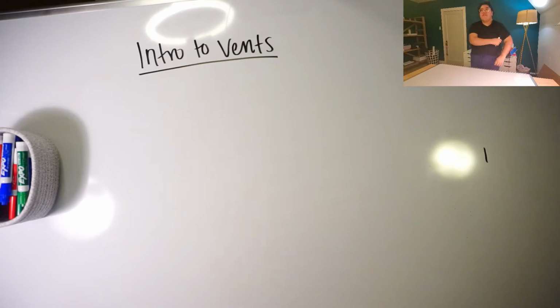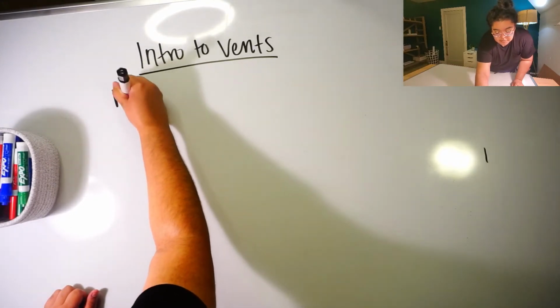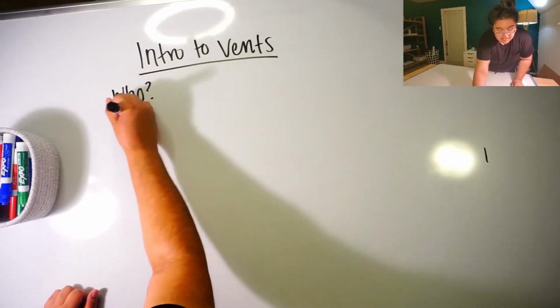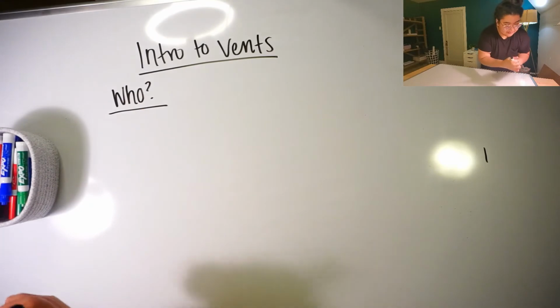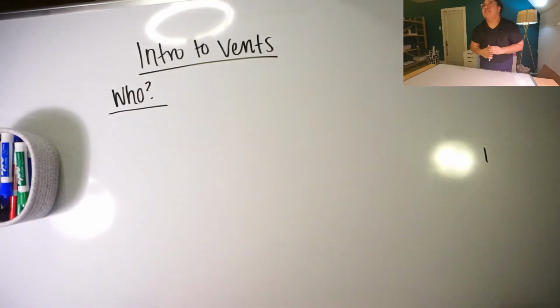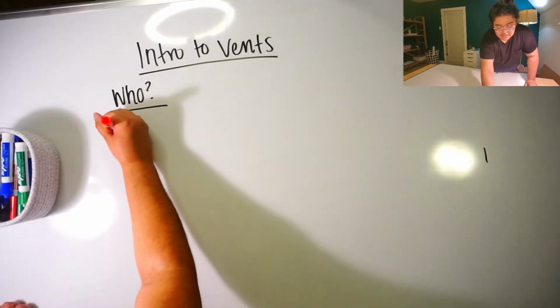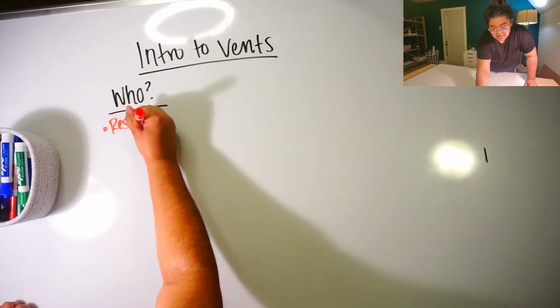Okay, so let's start off by just talking about who gets intubated. So who are these people? First group of people is going to be your obvious group, which is your respiratory failure.